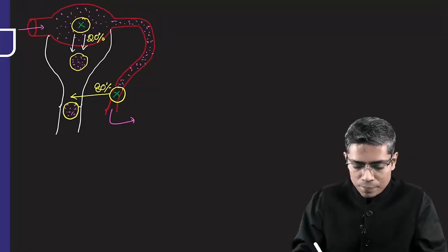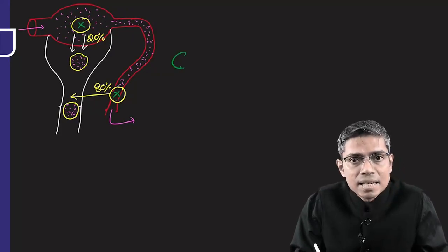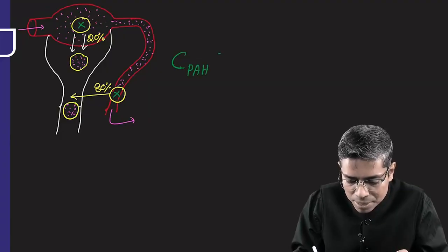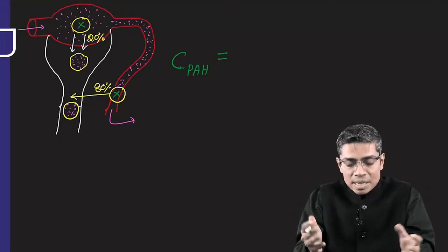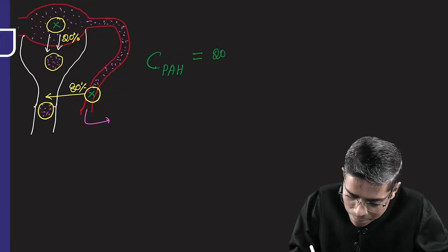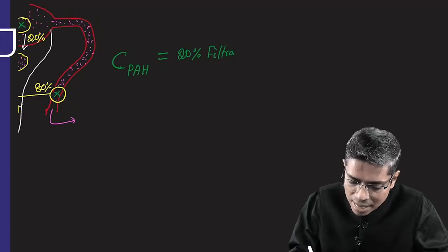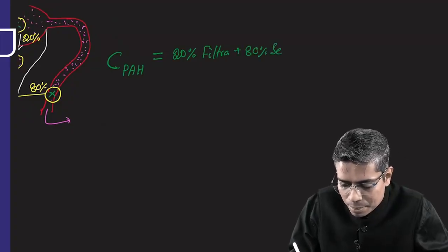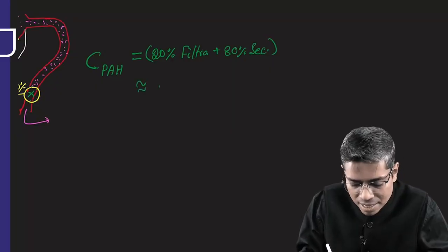So if I ask you, what is the clearance of PAH? Clearance of PAH is nothing but the volume of plasma which is getting cleared in 1 minute. In this case, 20% is cleared by filtration, and approximately 80% of the plasma is cleared by secretion. So how much of the plasma is getting cleared?